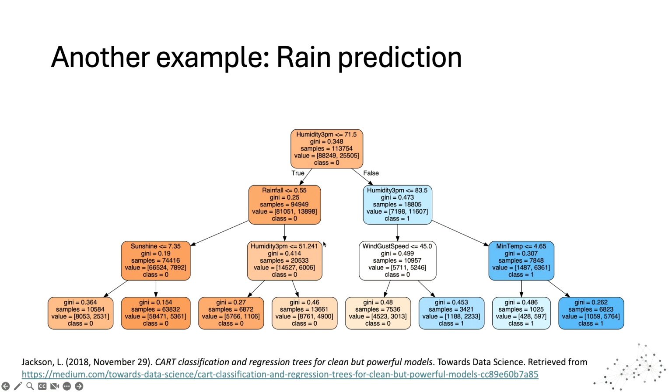Class 1 corresponds to rain tomorrow, and class 0 corresponds to no rain. We always calculate Gini impurity, and we have the number of samples. The value represents the samples for each class.